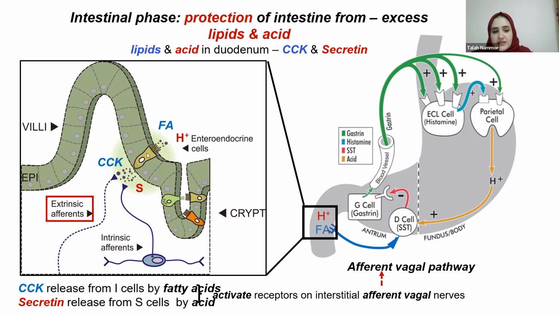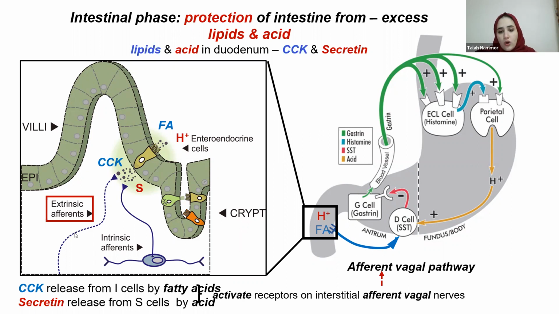So CCK is released, and the contents are acidic. The duodenum is not used to having something acidic. So when we have acid, it will stimulate a cell called the S cell, and the S cell will release secretin. So now we have CCK and secretin.